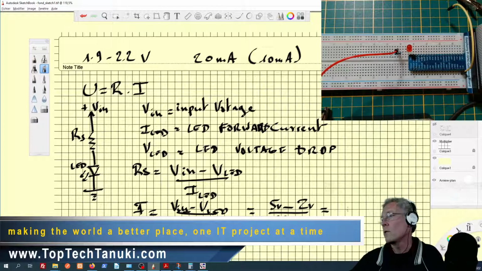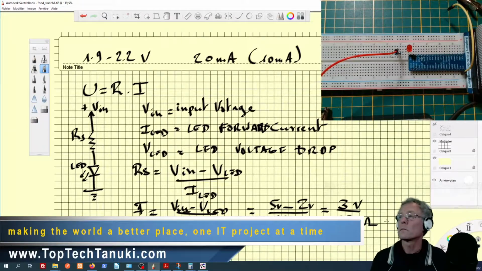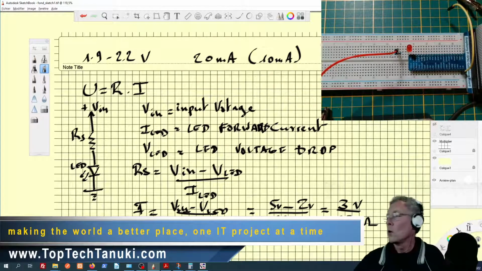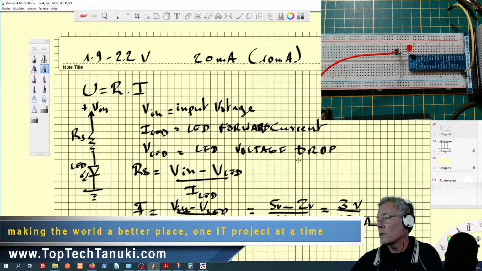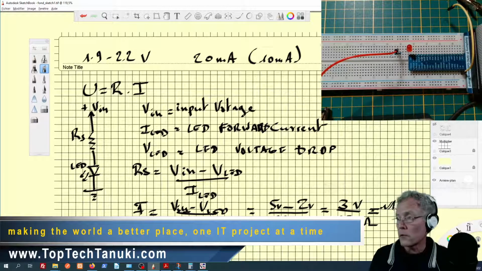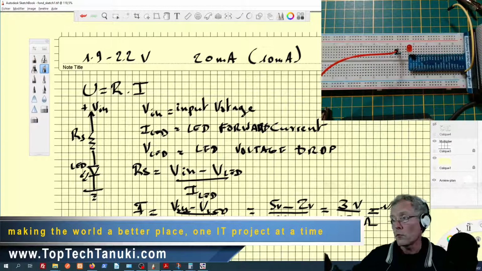That's 3 volt over 220 ohm, which is about 15 milliamperes. It will be a little bit less because it's 220. If it was 200, it would be exactly 15.